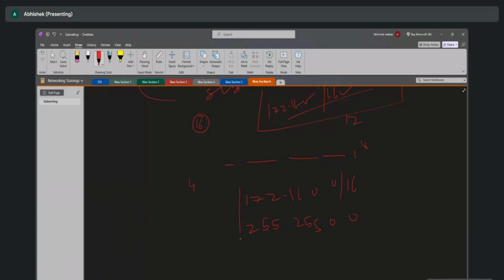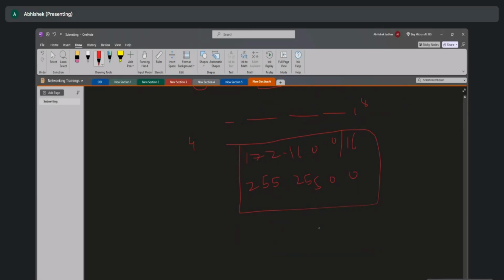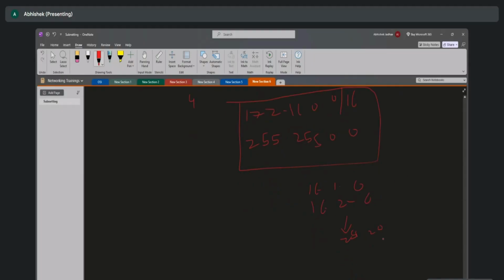This is the class B IP address. So it can range like 16.1.0, 16.2.0, and so on until 255.0. And then you will again move ahead with 1.1, 1.2, 1.3, 1.4, 1.5, and so forth.